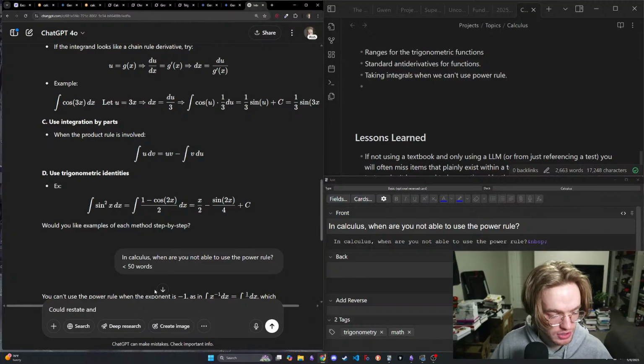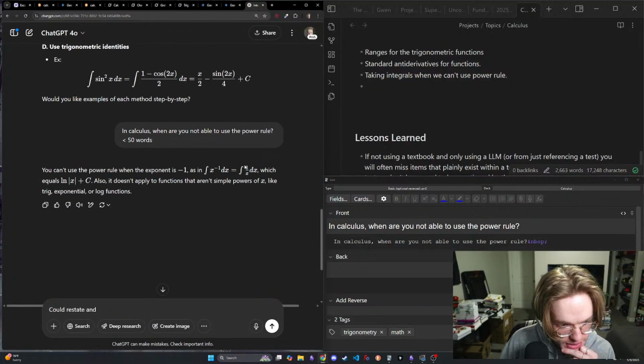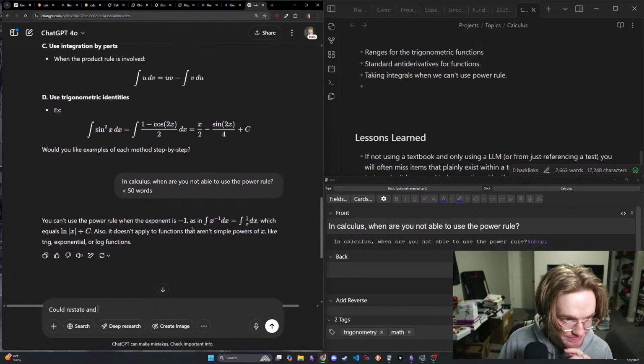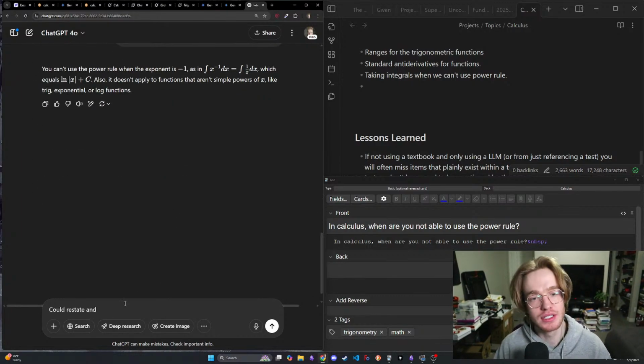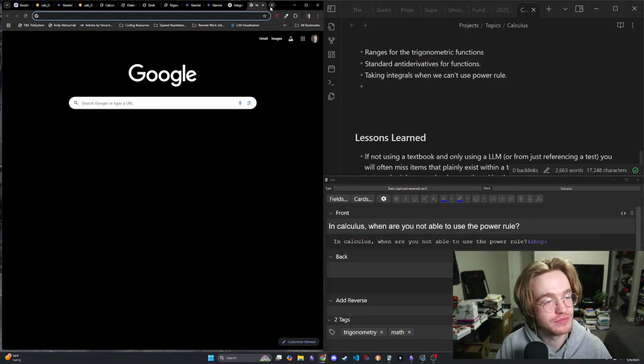To restate, you can't use the power rule when the exponent is -1. It also doesn't apply to functions that aren't simple powers of x, like trig, exponential, or log functions. I don't like this answer.